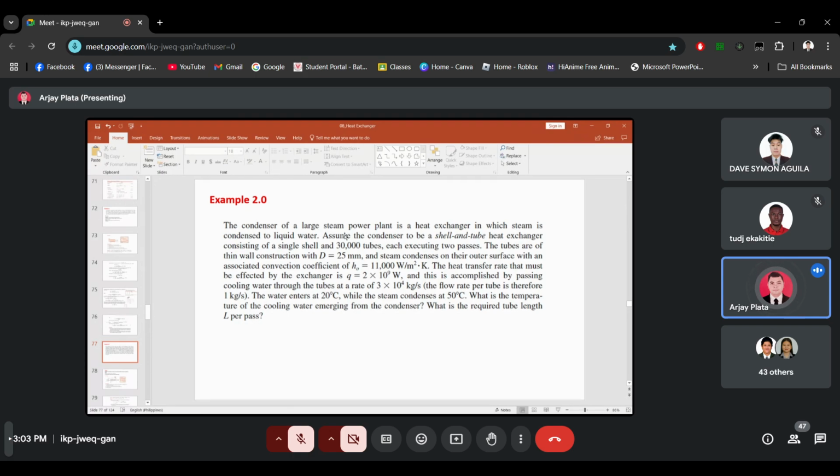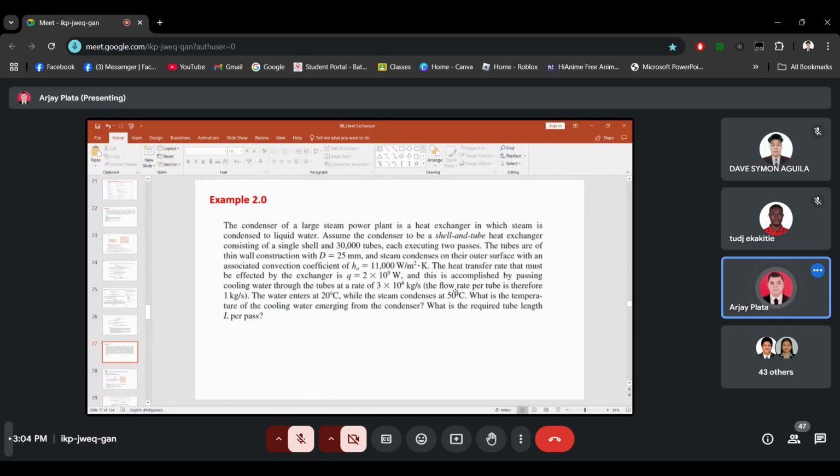The purpose of the heat exchanger here is to condense steam by flowing water. I think the temperature of the steam does not change because it only specifies 50 degrees. So the steam condenses at 50, and there's no other temperature provided for the steam.